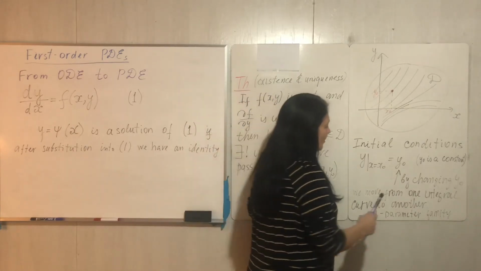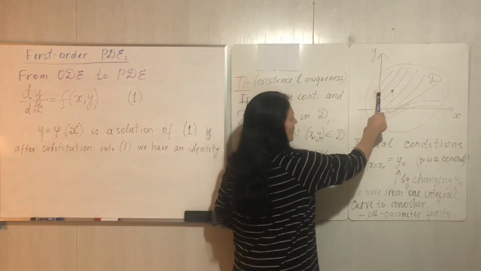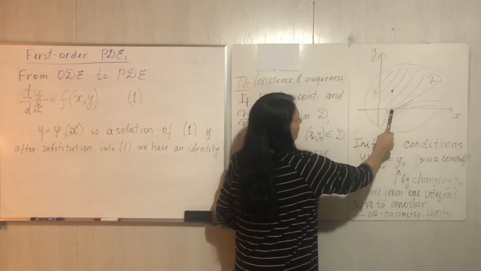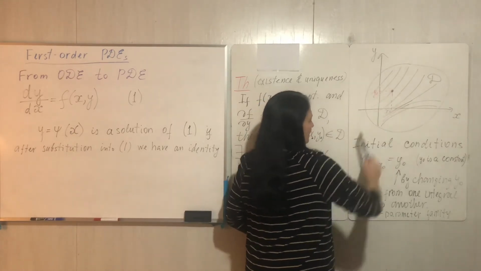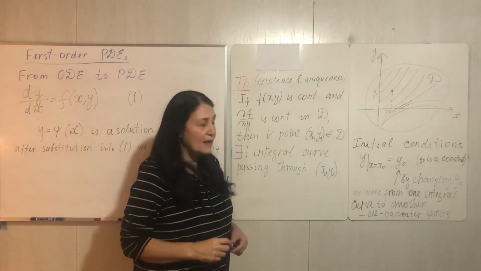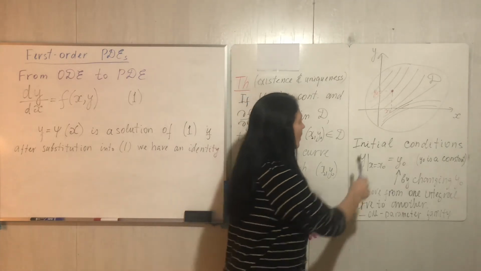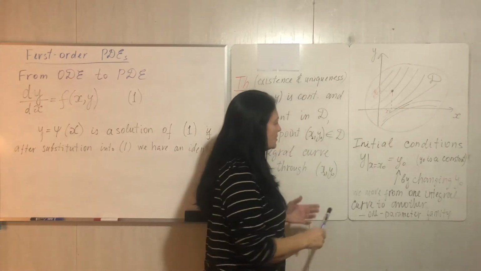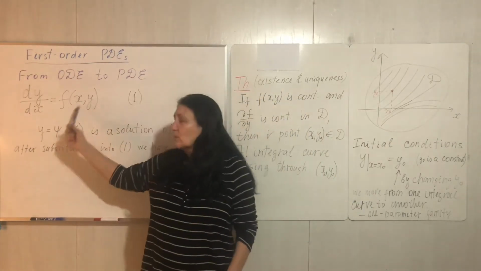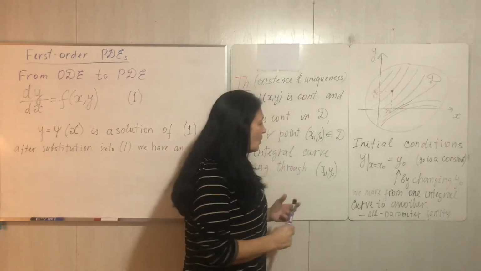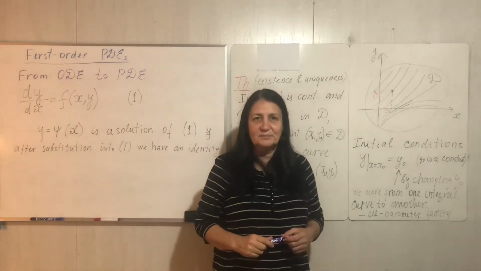We can think of y sub 0 as a constant, and if we change y sub 0, keeping the same x sub 0, we will be jumping from one integral curve to another. In this way we have a one-parameter family. So if we have a first order ODE, the solution depends on one constant, and this constant can be defined from initial conditions.